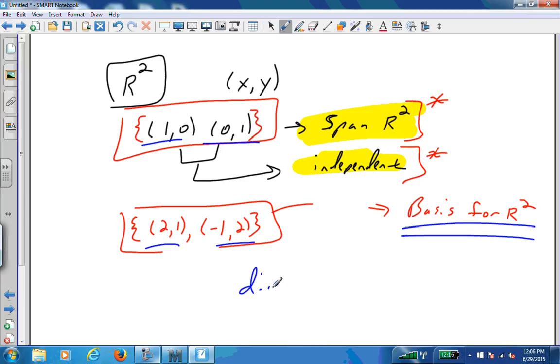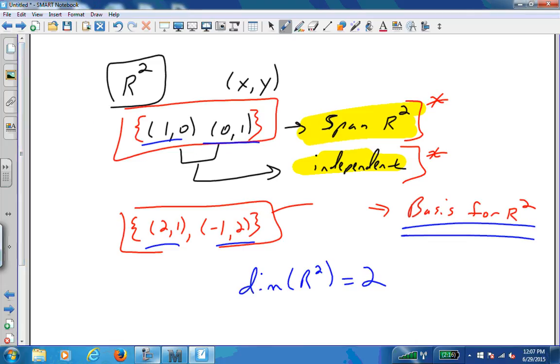So the dimension of R2 is 2. If we were to add another vector to either one of these sets, that other vector would just be a linear combination of these two, so that set would no longer be independent, so it would not be a basis.